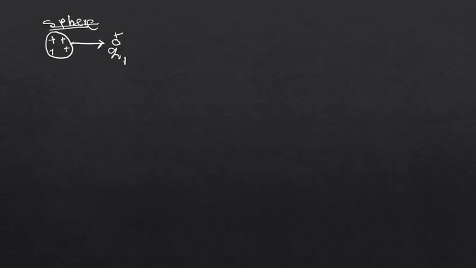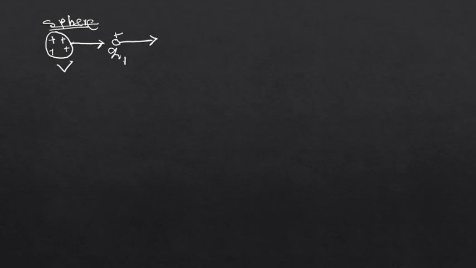Now notice that charge 1 is positively charged, so it will also feel a force of repulsion from the sphere in this direction. Charge 1 is a test charge. So because it is positively charged, and because the sphere is positively charged, there is going to be that repulsion.